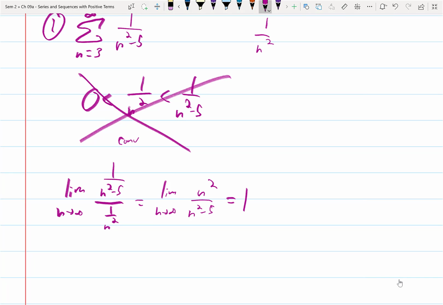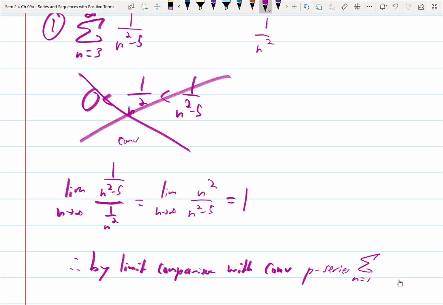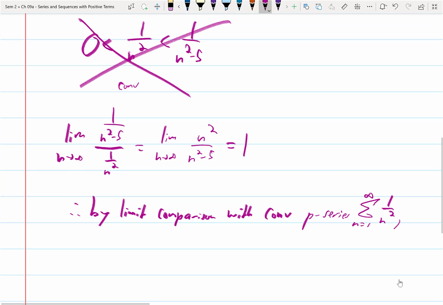It is between 0 and infinity. So what I can say is, therefore, by limit comparison with the convergent P series, the sum from n equals 1 to infinity of 1 over n squared, the sum from n equals 1 to infinity of 1 over n squared minus 5 converges.